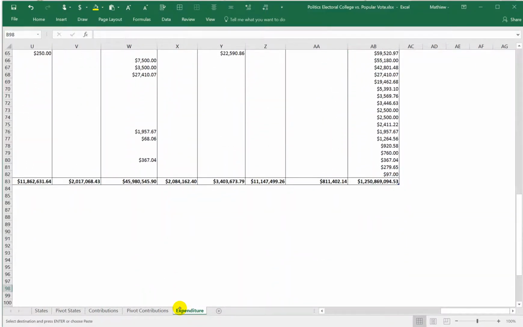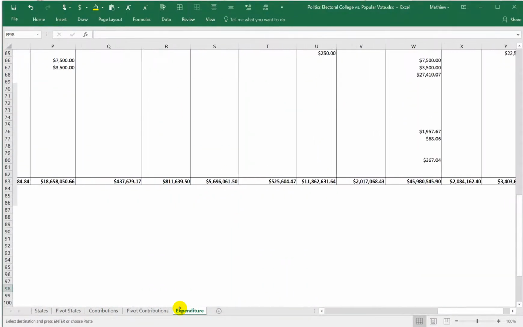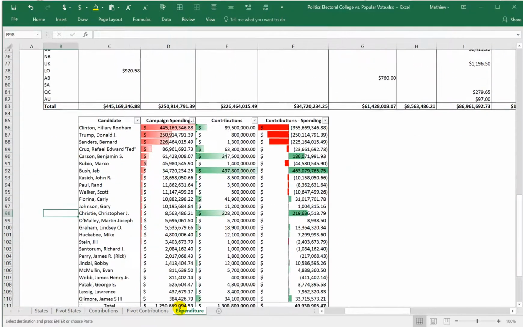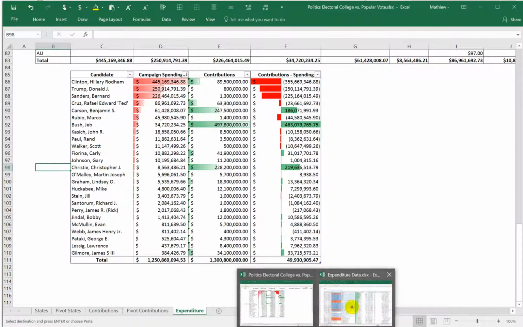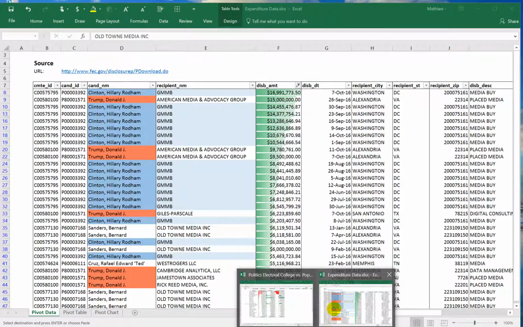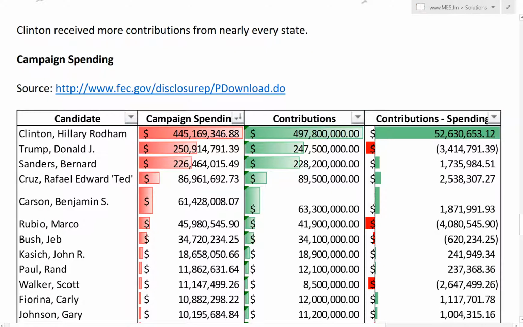The total money they spend is 1.25 billion, and I also combined these into the total summations like this, and put them over here. So that's spending data, and the data I showed you before was contribution data, how much money they raised, and this is how much money they spent.